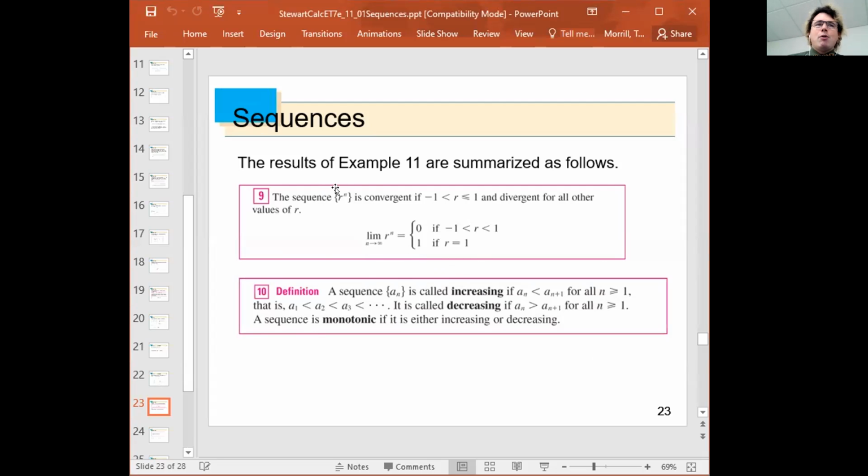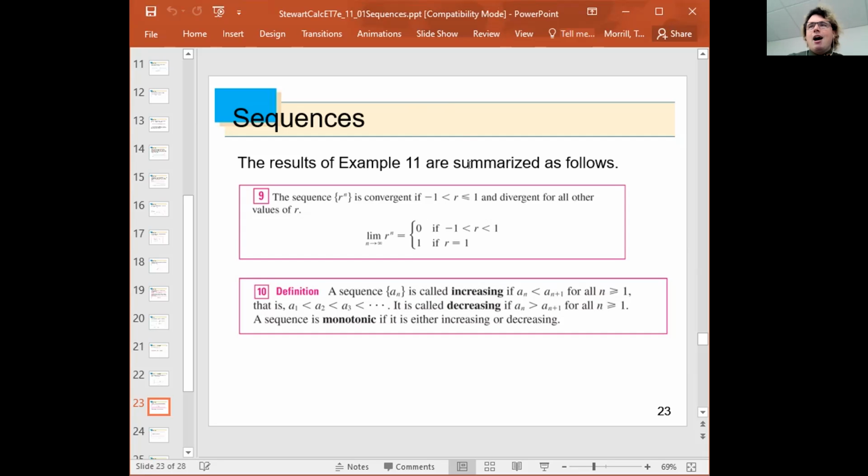So if you have a sequence of r raised to the power n, it will converge so long as r is strictly greater than -1 and less than or equal to +1, right? So it will converge in this region.